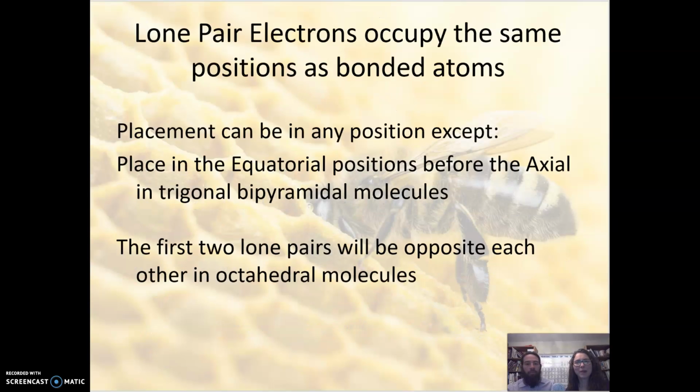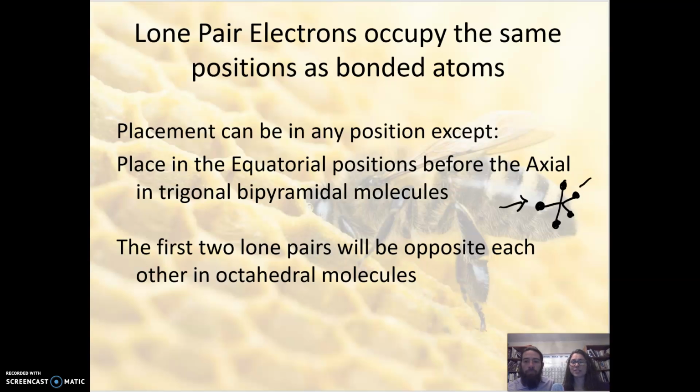Okay, so lone pairs occupy space. They are domains, and they take up the same positions as the bonded atoms. And the location of those lone pairs normally doesn't matter except for these two situations. If you have a 5-domain structure around a central atom, then the first lone pairs will go in the equatorial positions.